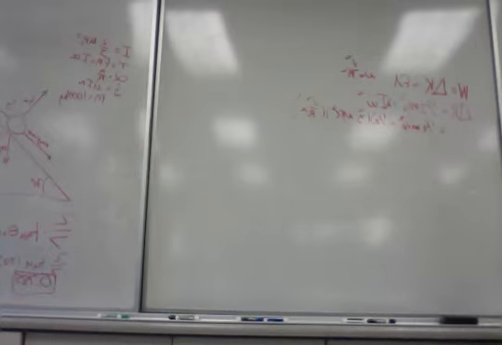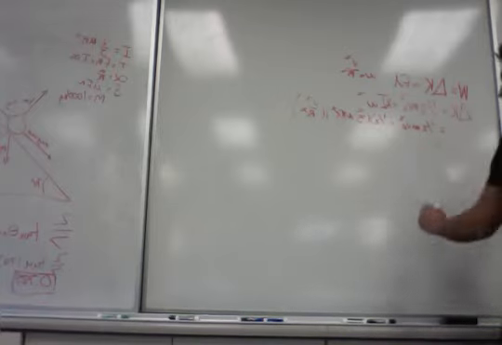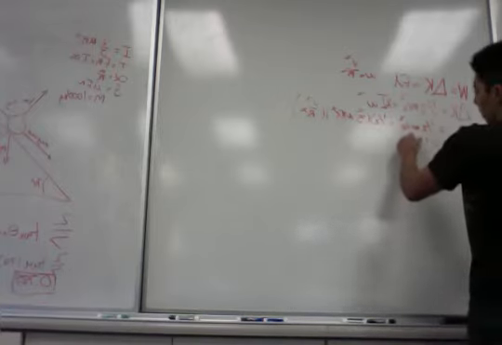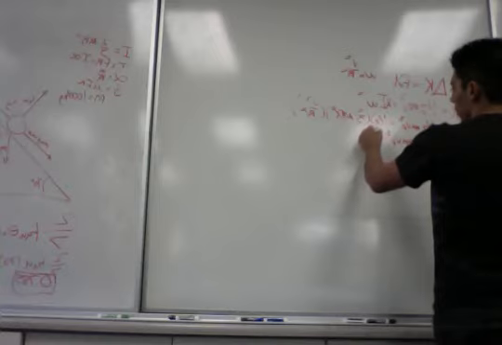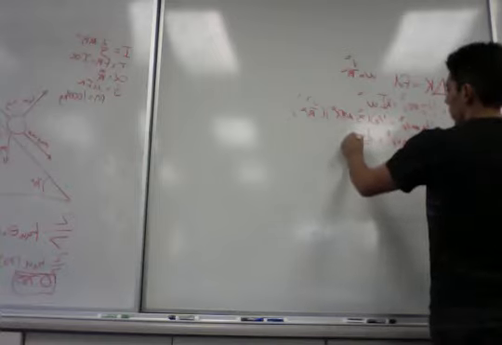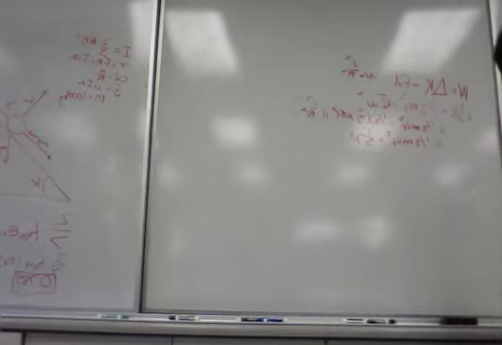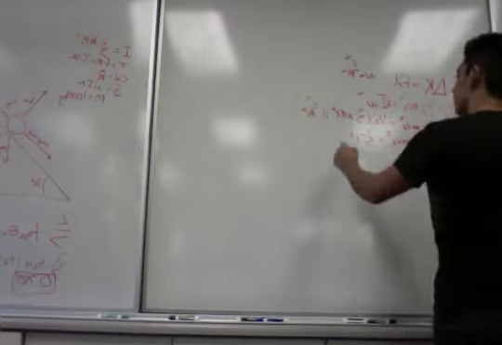We're left with half m v_f squared plus 1/5 m v squared.